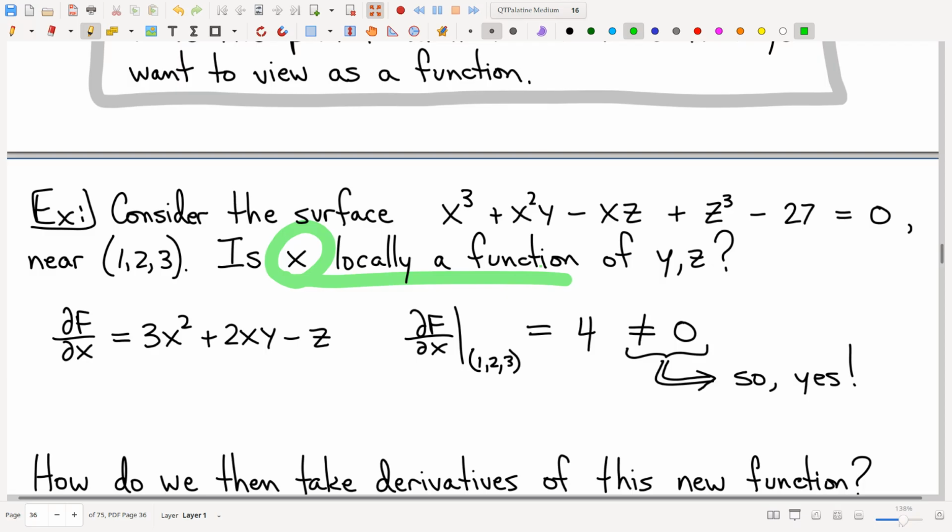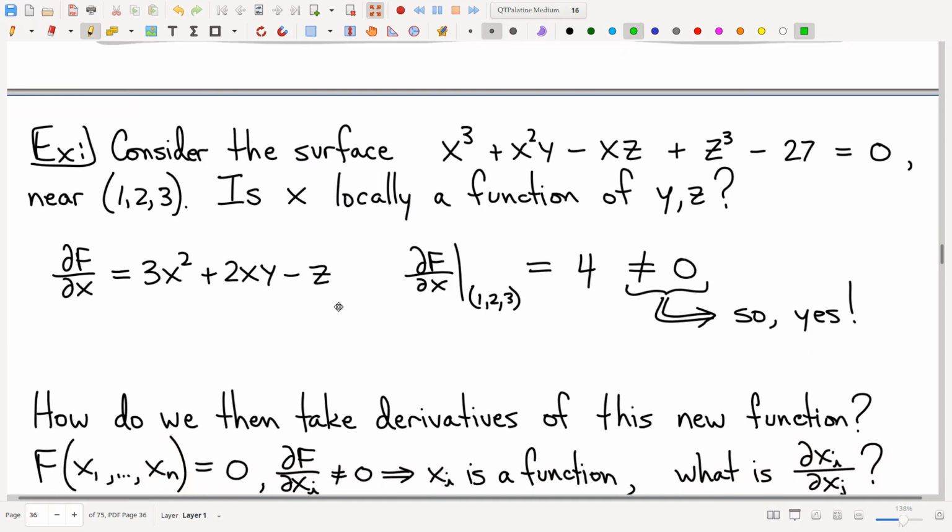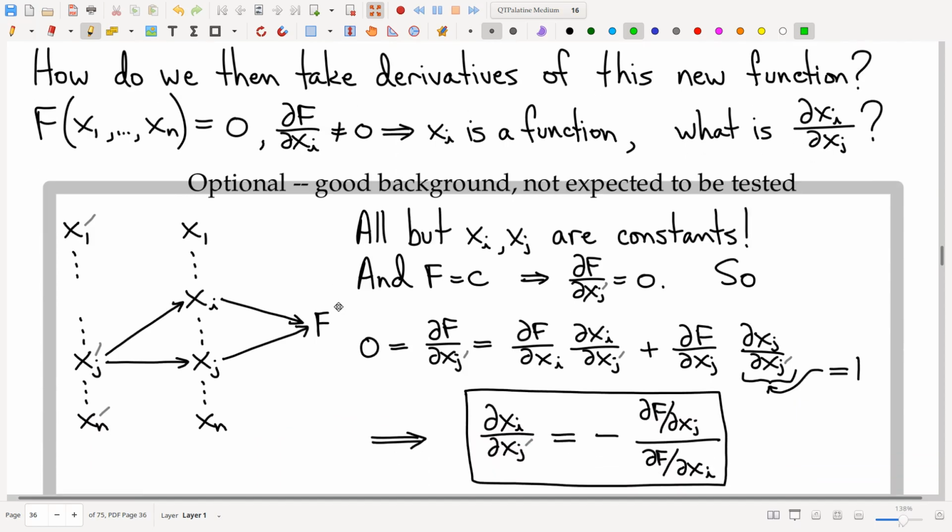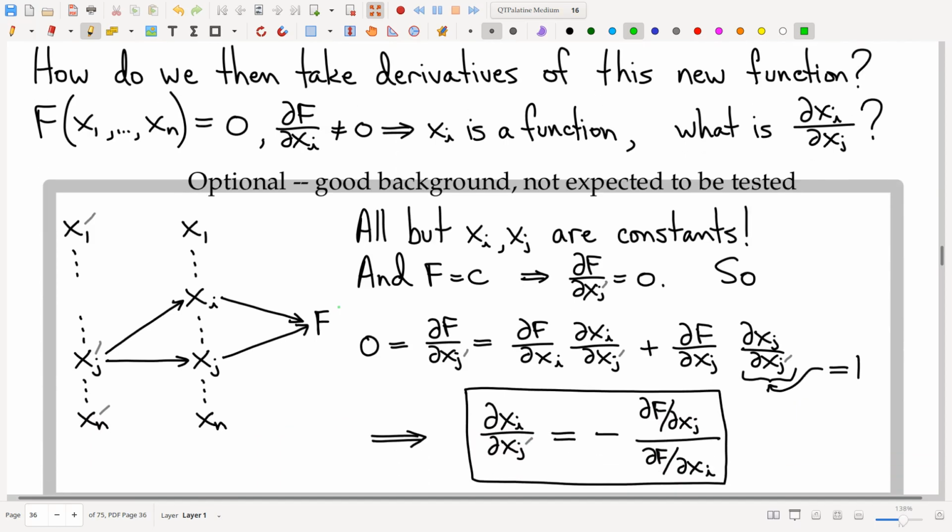Is there a handy-dandy formula that will save me having to go through some process, some algorithm, every time? And the answers are yes and yes. There's a lovely formula for how to do this. Here's the big idea, and again, I'm going to do this in general. I'm going to show you two different ways to do it. Well, I'm going to wave my hand at one way to do it.